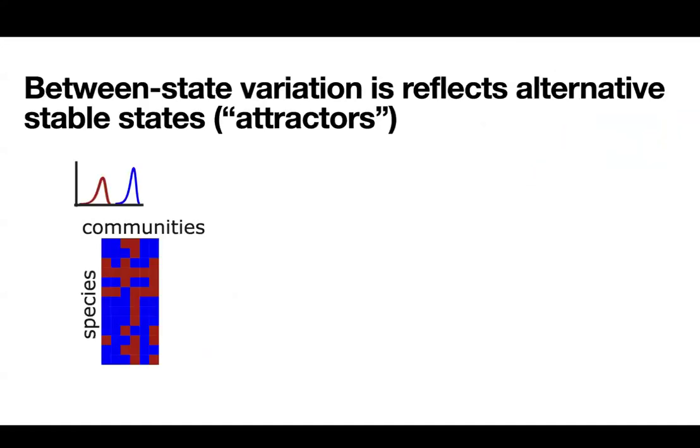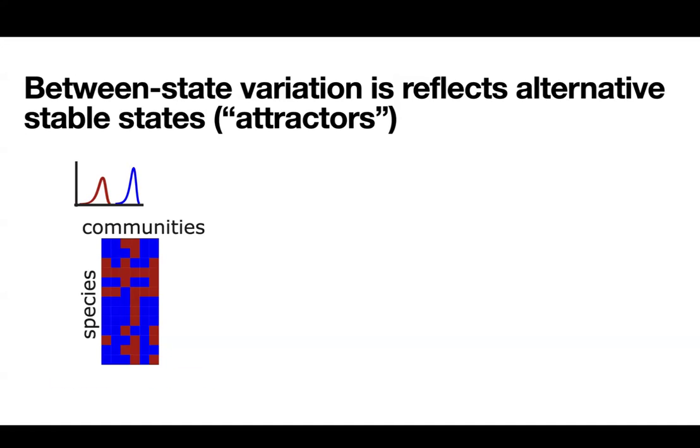So the main result is that this between-state variation is reflective of an underlying presence of alternative stable states. Now we simplify our data structure by looking at whether a species in a given community is in the high or the low abundant state.